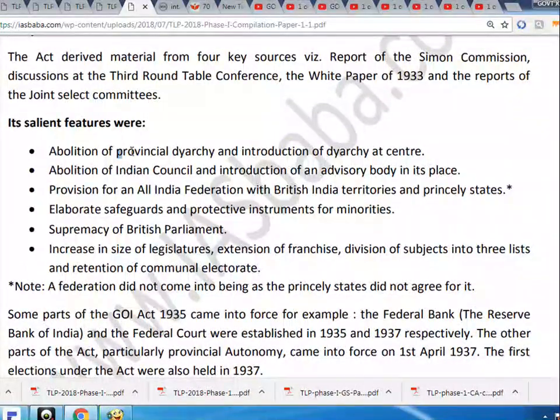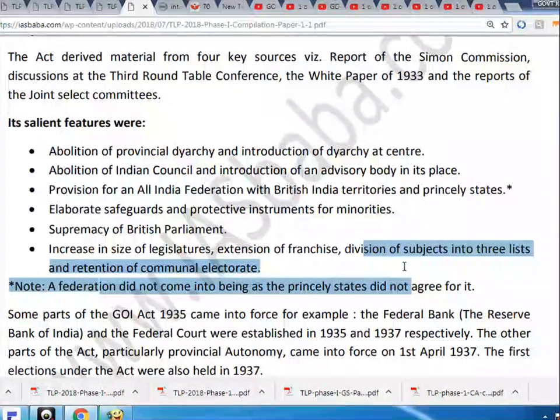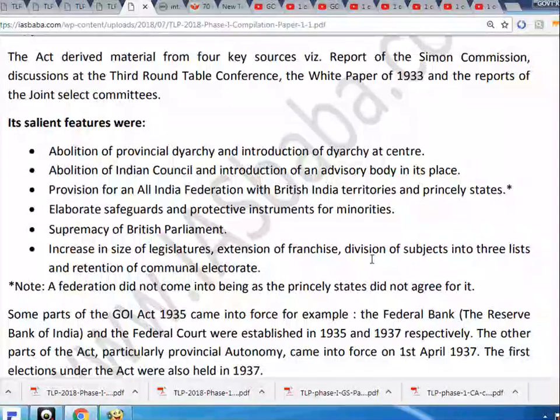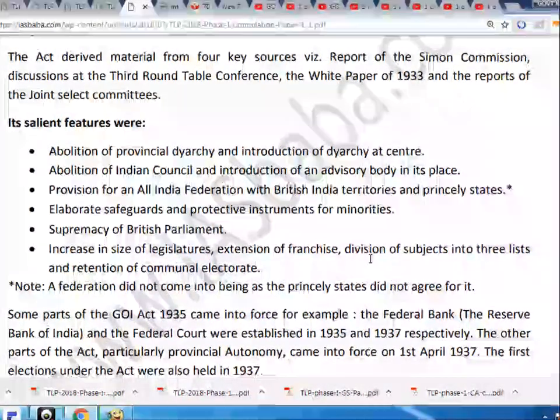Its salient features were abolition of provincial diarchy and introduction of diarchy at the center, abolition of the Indian Council and introduction of an advisory body in its place, provision for an all-India federation with British India territories and princely states, elaborate safeguards and protective instruments for minorities, supremacy of British Parliament, increase in size of legislatures, extension of franchise, division of subjects into 3 lists and retention of communal electorate.